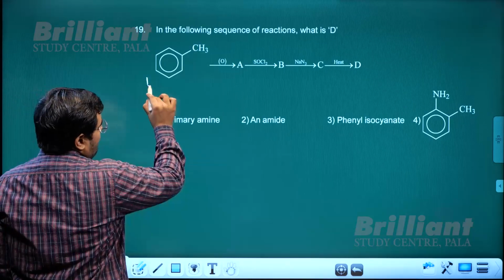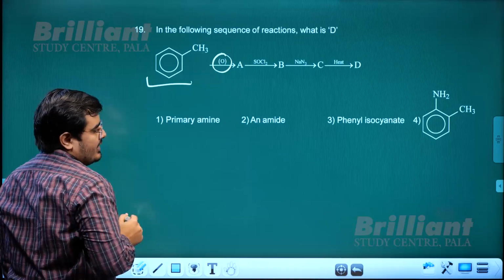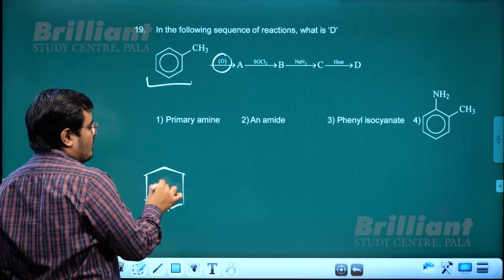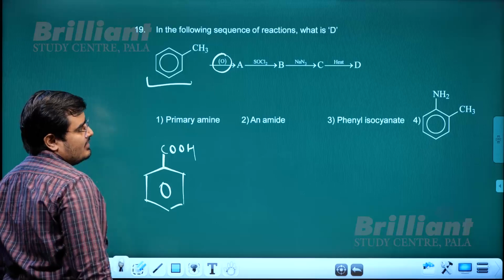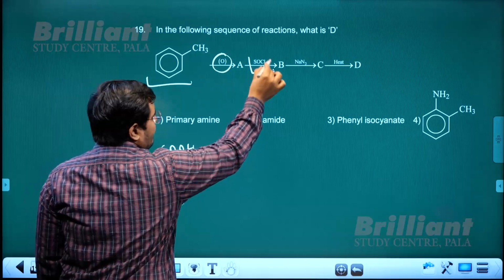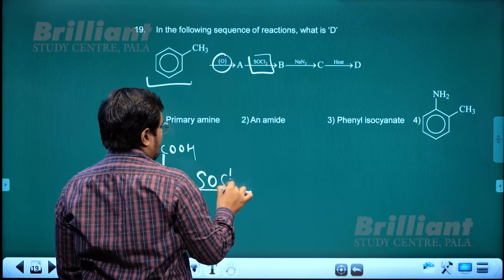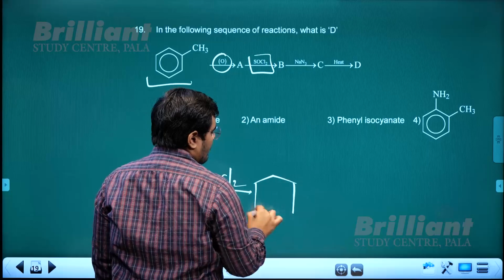As you can see, we have an alkyl benzene, and this represents oxidation. So we can assume that they are asking us to oxidize alkyl benzene into carboxylic acid. The next reagent looks very familiar, which is the conversion of acids into acid chloride.